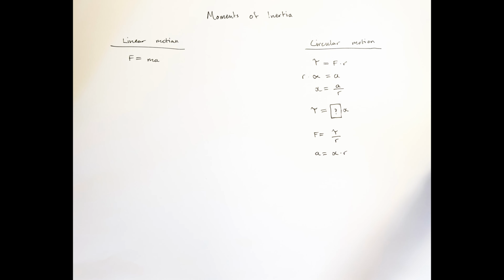So if we begin by looking back at our equations equating torque and the F equals ma equation, we can see that we get F equals torque divided by the radius, and a equals alpha times the radius.